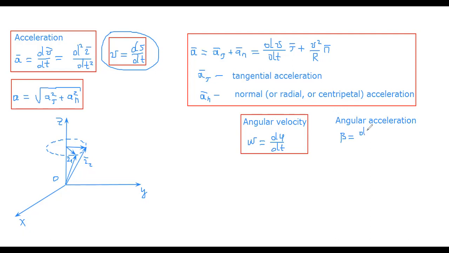It is d omega by dt, the first derivative of angular velocity by time. And it is equal to d squared phi by dt squared. Angular acceleration and angular velocity. Do you have any questions about this?